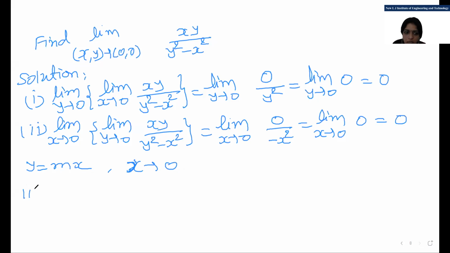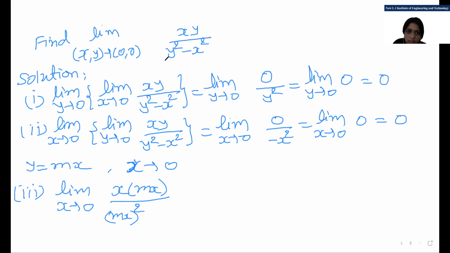So our third step, see carefully, limit x tends to 0, here in the place of y, we keep mx, right, upon mx whole square, as this is y square, so this is (mx) whole square minus x square.